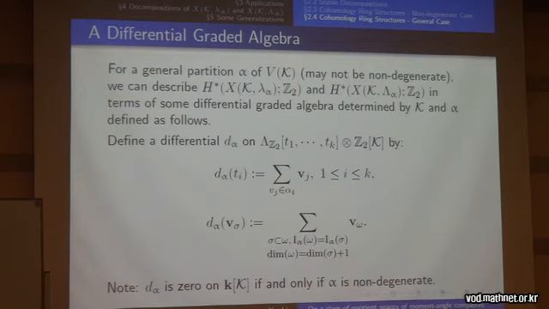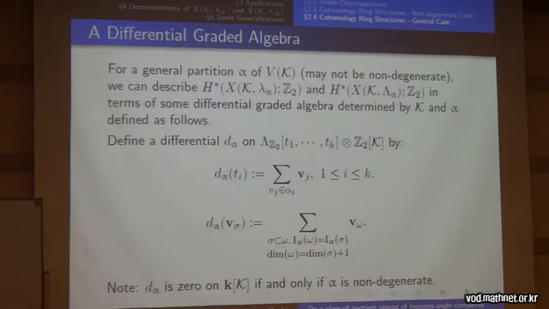So you can see that this kind of thing doesn't happen when the partition is non-degenerate, because if a partition is non-degenerate, then when the dimension of omega is higher than sigma, its color set is strictly bigger than that of sigma.